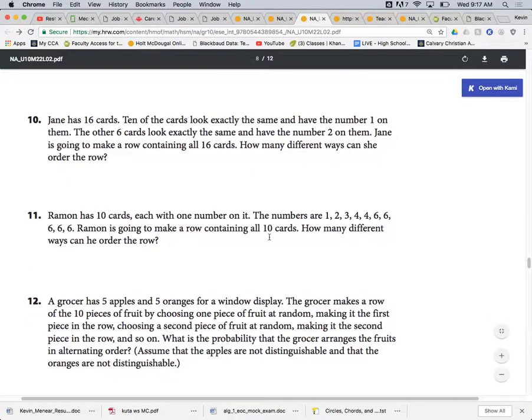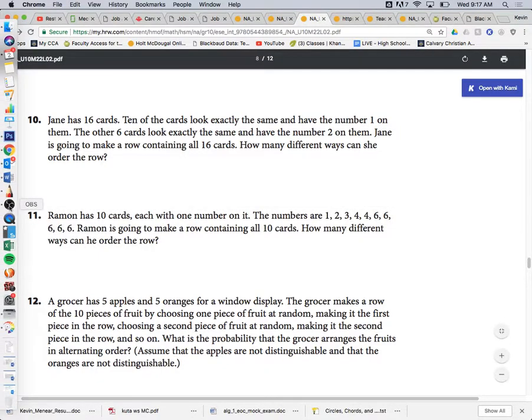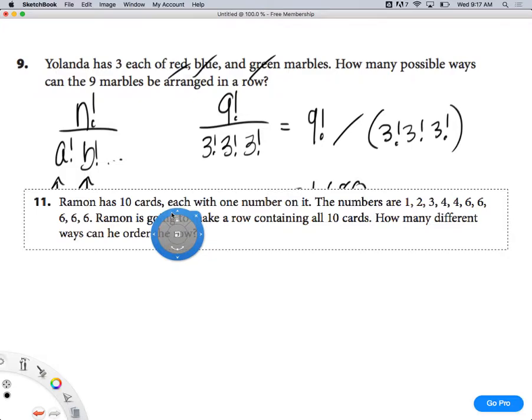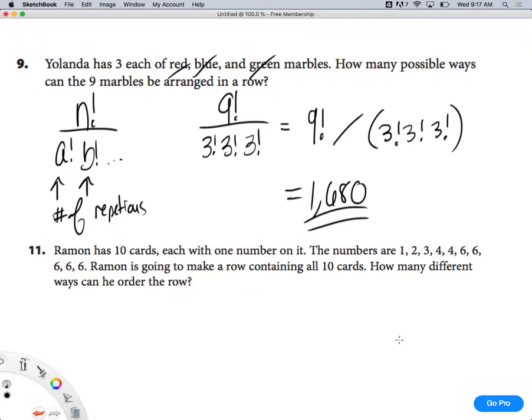Let's take a look at number 11. Number 11 says Ramon has 10 cards, each with one number on it. Card numbers are 1, 2, 3, 4, 4, 6, 6, 6, 6, 6. Ramon is going to make a row containing all 10 cards. How many different ways can he order the row? In this case, what's n? 10.